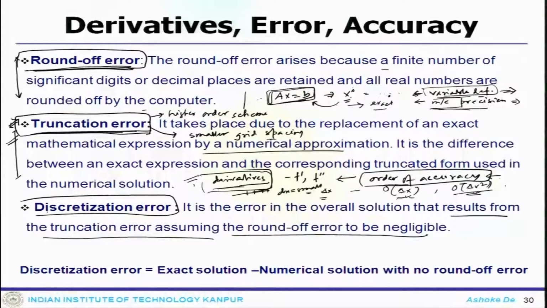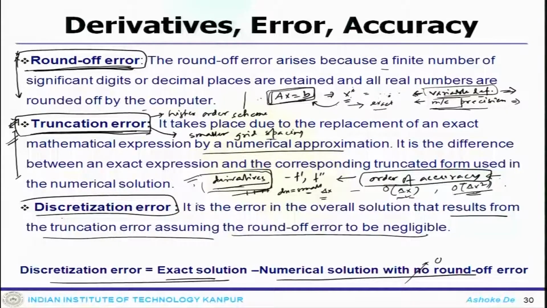Overall, the discretization error would be the exact solution minus the numerical solution with no round off errors. Theoretically, if there is no round off error, then the discretization error should be equal to the truncation error. Otherwise, you will have the discretization error, and that primarily comes from the truncation error.